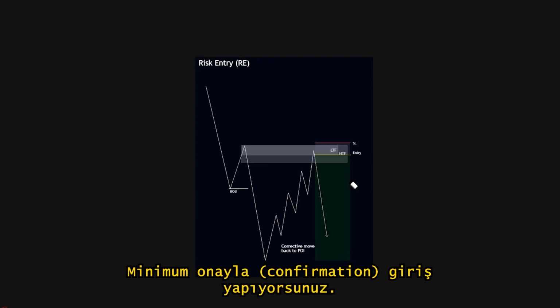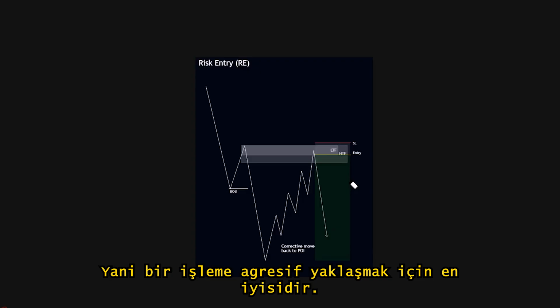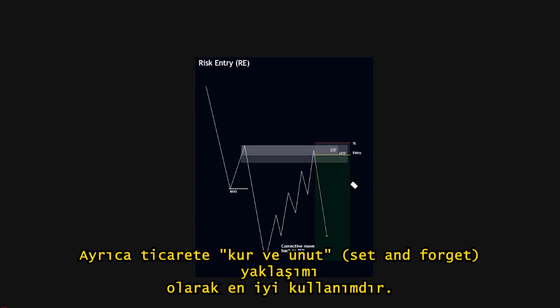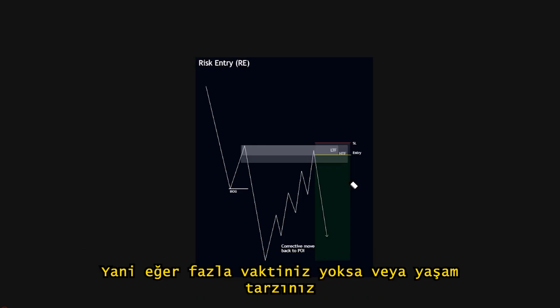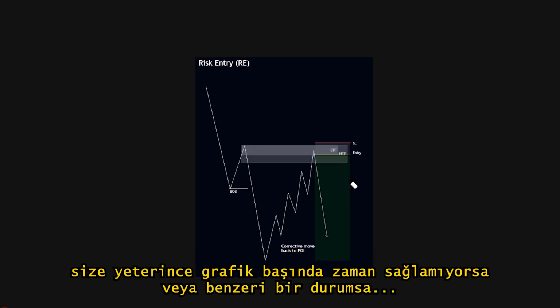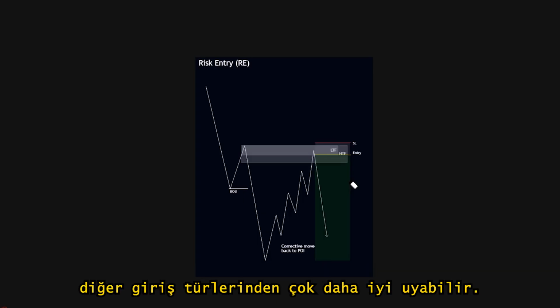You're entering on minimal confirmation, so it is best used to approach a trade aggressively. It's also best used as a set and forget approach to trading. If you don't have much time or your lifestyle doesn't provide you enough chart time, this could suit your lifestyle much better than the other entry types that we're going to be visiting shortly after this one.